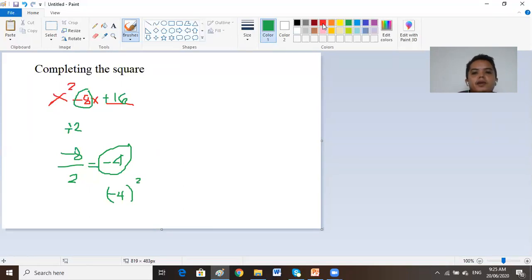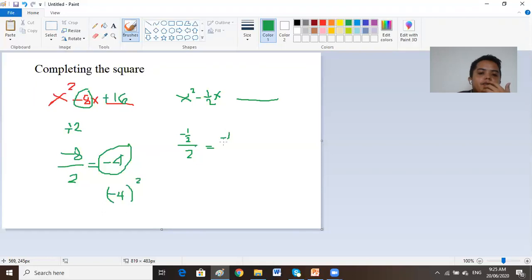So another example, x squared minus 1/2 x. So find the missing term here. All you have to do is divide negative 1/2 by 2. So of course, by the rule of fractions, this will become the reciprocal and then proceed to multiplication.